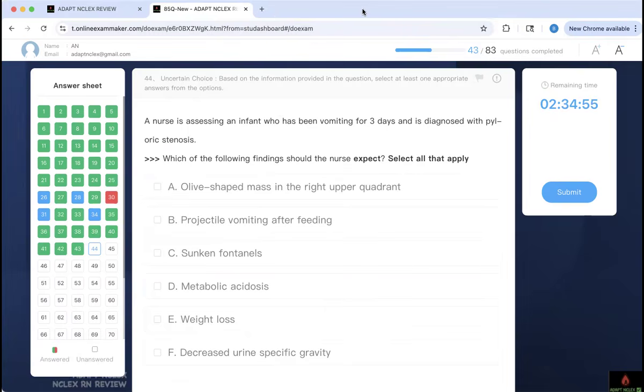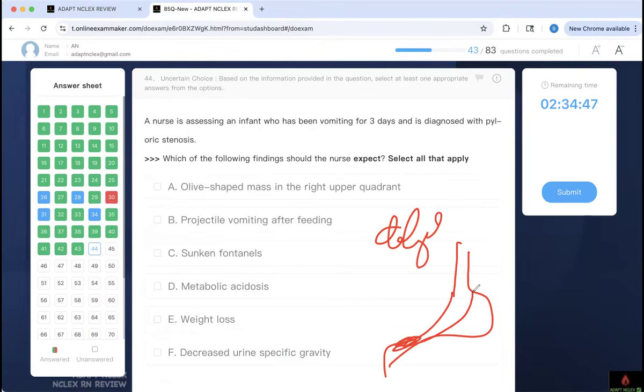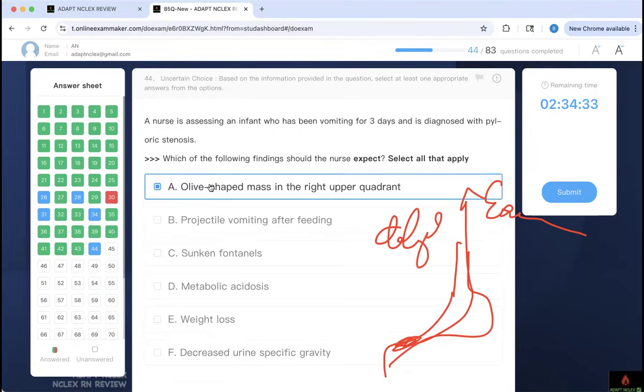When you see this question on pyloric stenosis, think about dehydration, because this is the pylorus. It's here. Fluid is going to come out. They're going to vomit. So excessive vomiting leads to dehydration. So every answer choice, think about dehydration. So what do you pick? Olive-shaped mass, they're supposed to have a mass, so that's consistent. But they're going to have projectile vomiting.